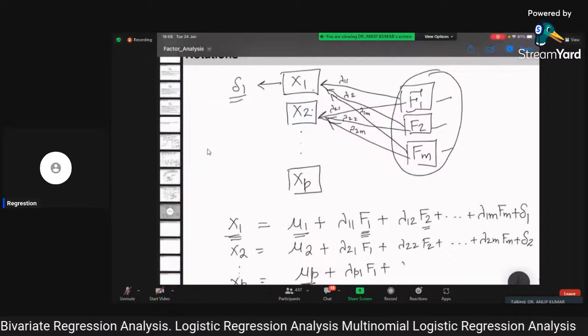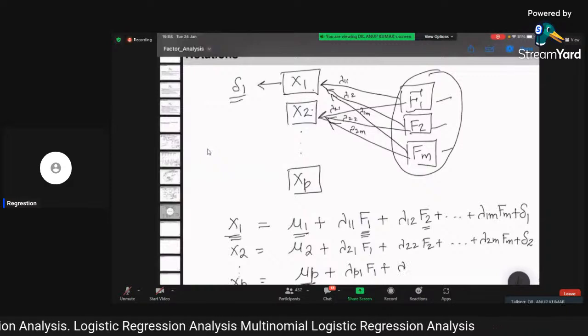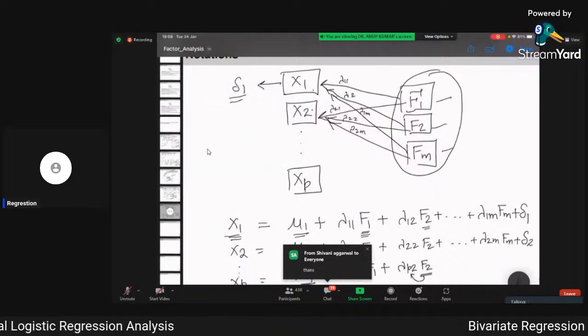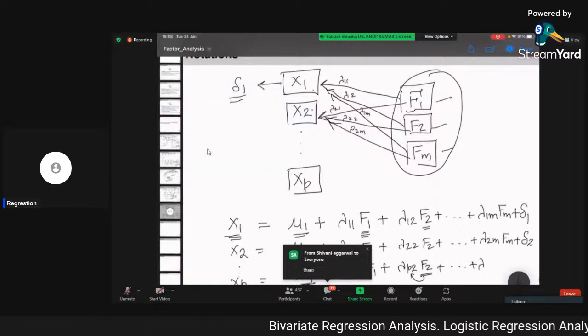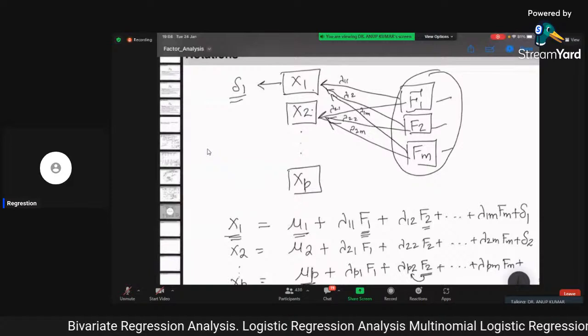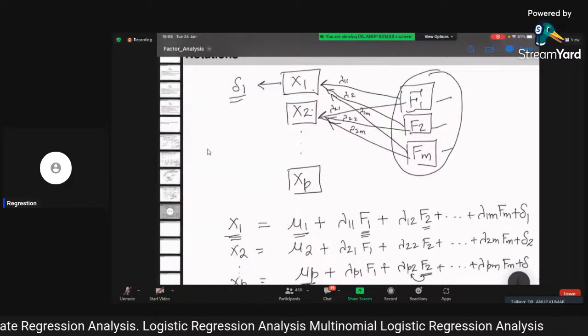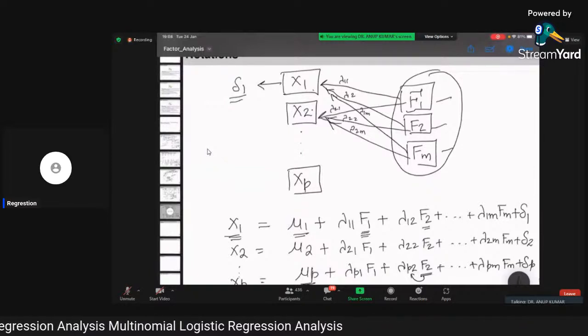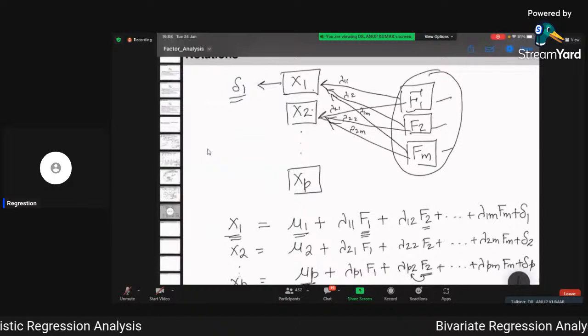Then lambda p2 f2, the contribution of the second factor on the pth, and so on, up to lambda pm fm plus delta p. This is how the relationship between observable and unobservable quantities is established.